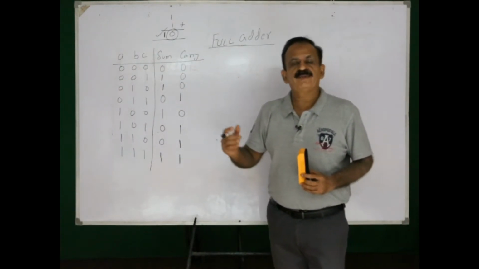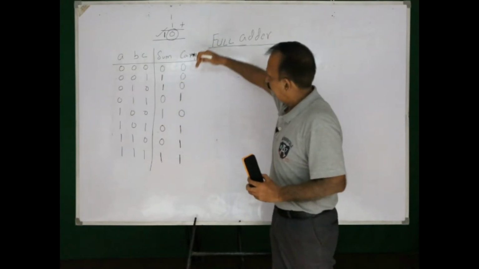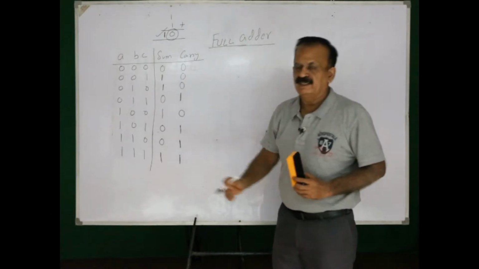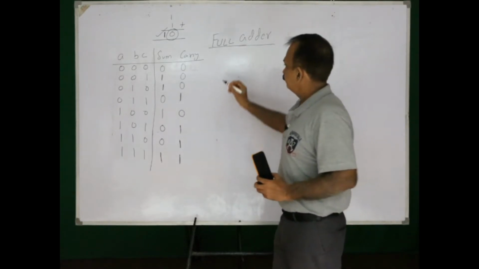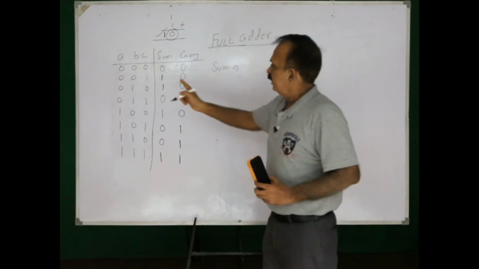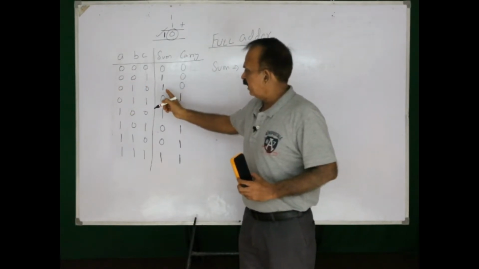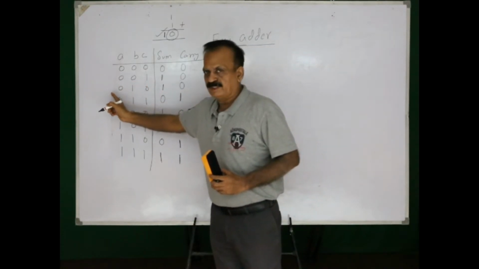Now similar to the previous one, we will be finding the circuit diagram for sum as well as the circuit diagram for carry. Now for sum, if we carefully see the value for sum, this value is high, the number of high inputs is 1. This value is high, the number of high inputs is 1.